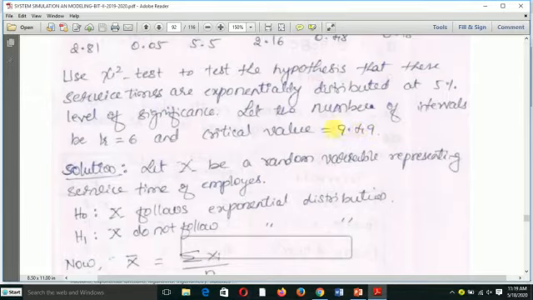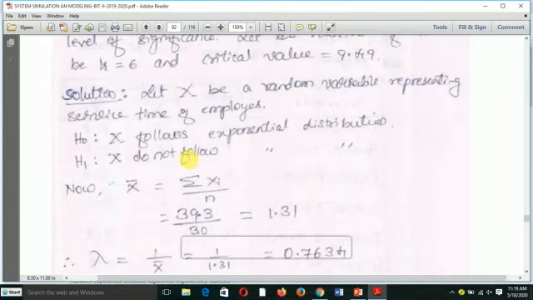Let's check if we find the last value like this, which is 9.49. What is the solution? H0 is when we say that X follows exponential distribution.